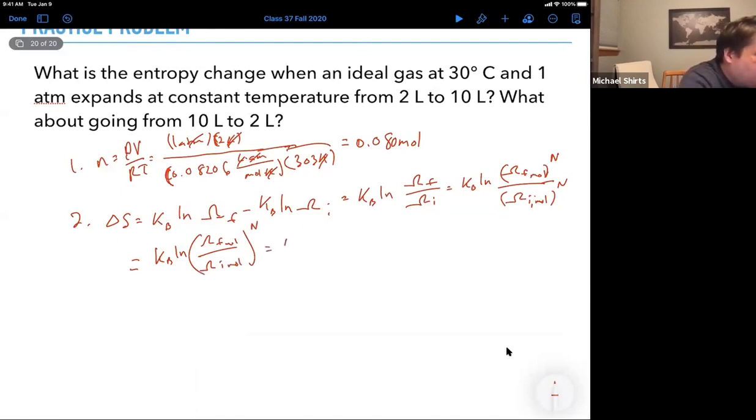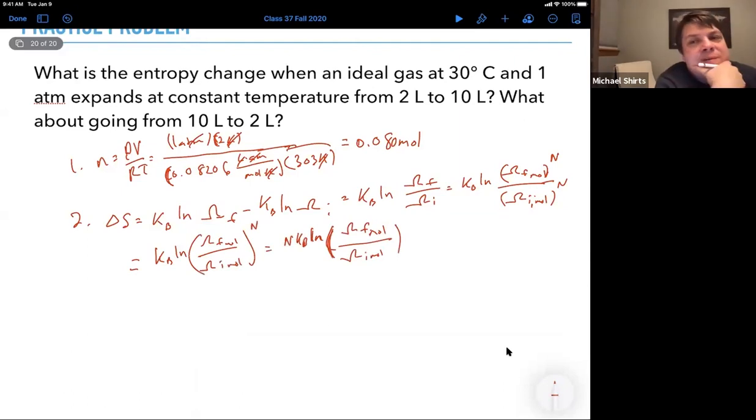That's going to be equal to n Kb log of the final possible configurations per molecule over the initial configurations per molecule. Okay, so we've got it simplified. All we need to figure out is how many more states each molecule has at the end of the process versus at the beginning. Each individual molecule has 5 times as much space to move around in, since the volume has gone from 2 to 10.